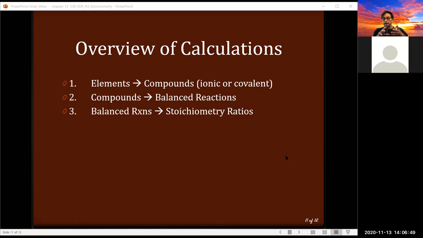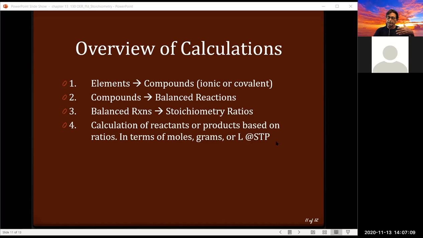And from the balanced chemical reactions, we determined or recognized the stoichiometric ratio between the reactants and the products and all the different combinations. But the coefficients gave us those ratios, okay?